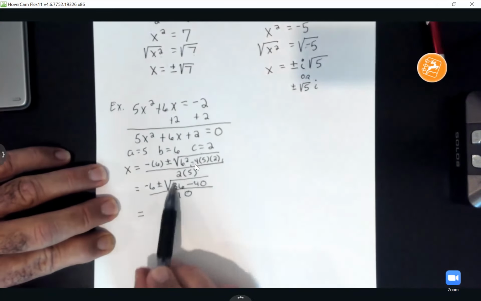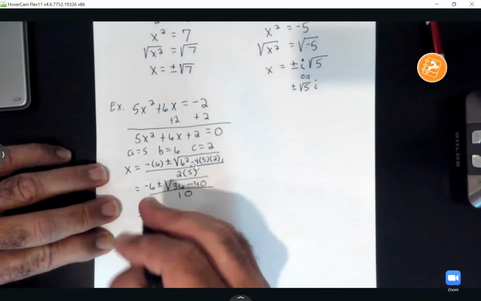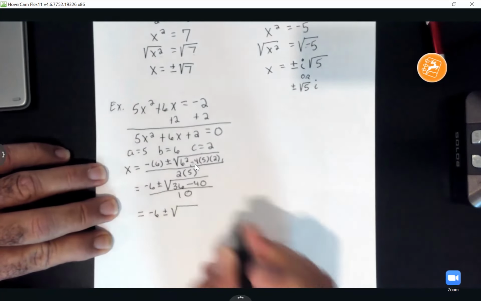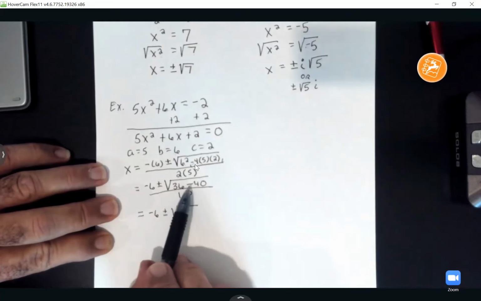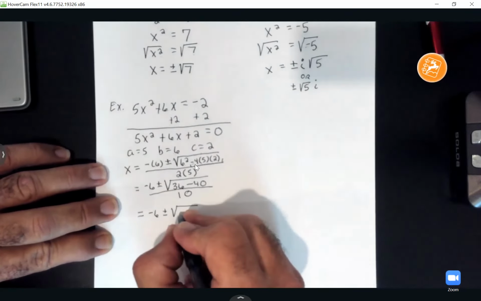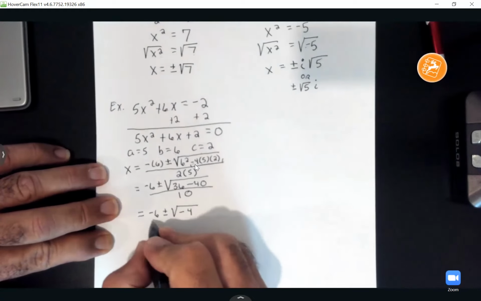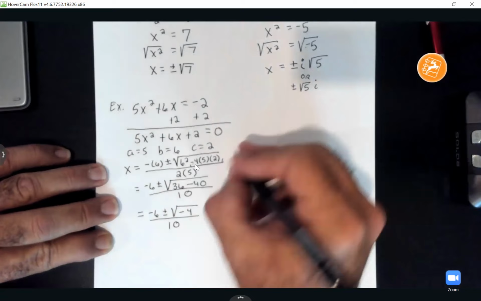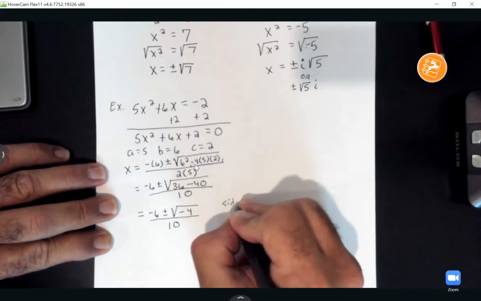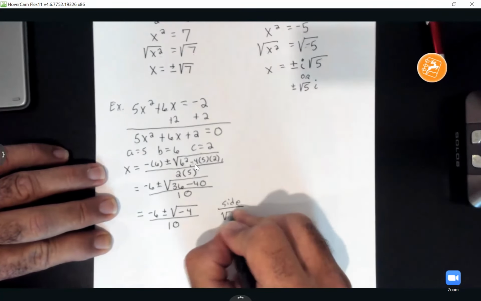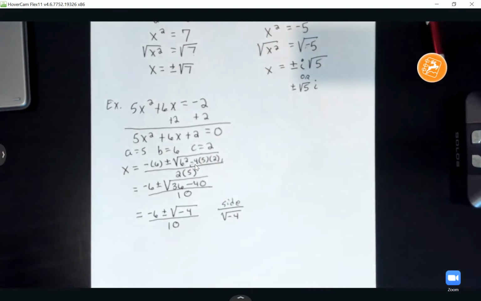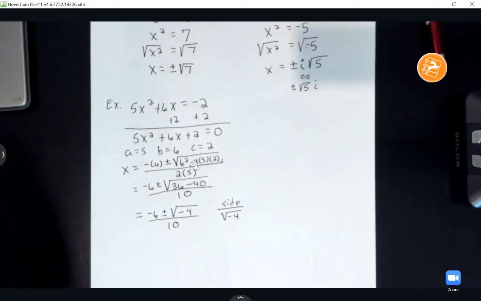So we're getting close. We just have to figure out the rest of this radical. So bring down your -6, plus or minus. Oh, and y'all look at that. 36 minus 40 is going to give me a -4 all over my 10. So what we need to do on the side is figure out what we can do with that square root of -4. So what does the square root of -4 simplify to?